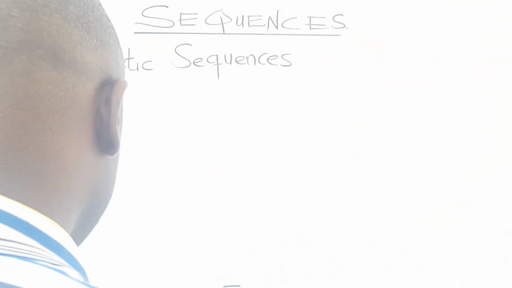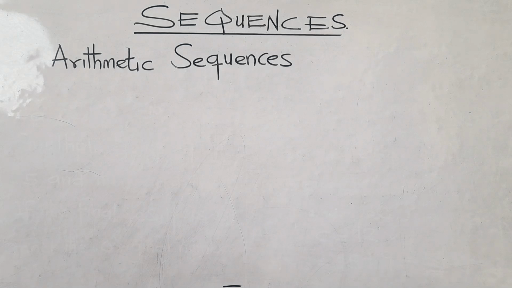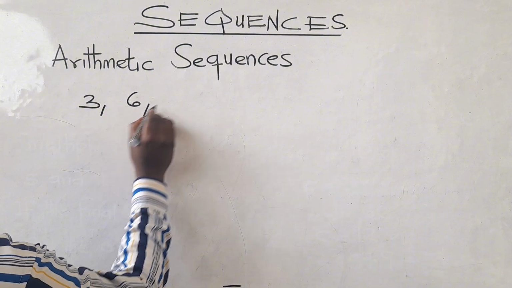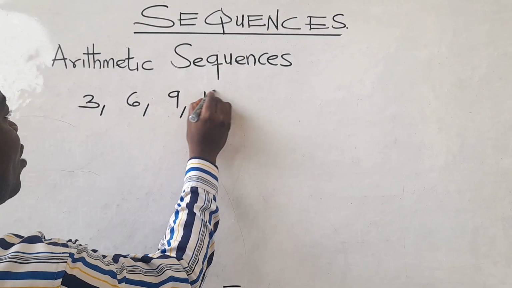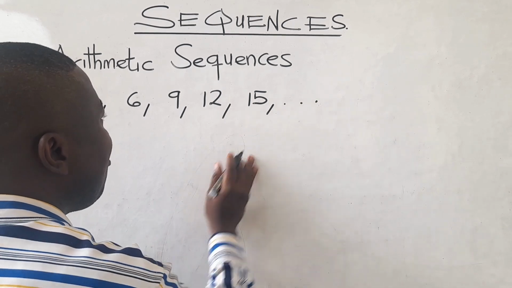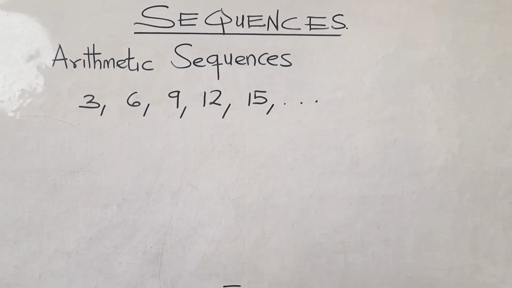What do I mean? For instance, if you have 3, 6, 9, 12, 15, and so on, we want to get the first difference.